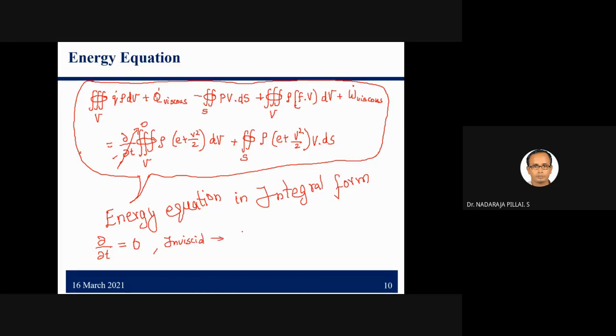So if it is inviscid, Q dot viscous is equal to W dot viscous, and both will be equal to 0. That means this component will be equal to 0 and this component will be equal to 0. Right?